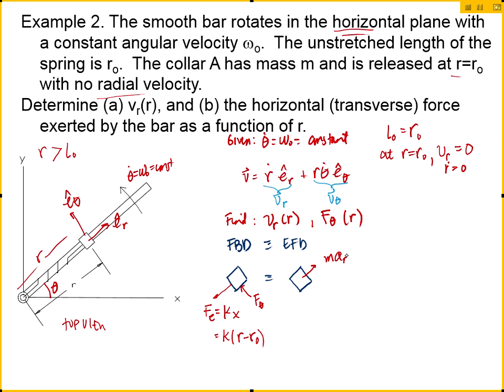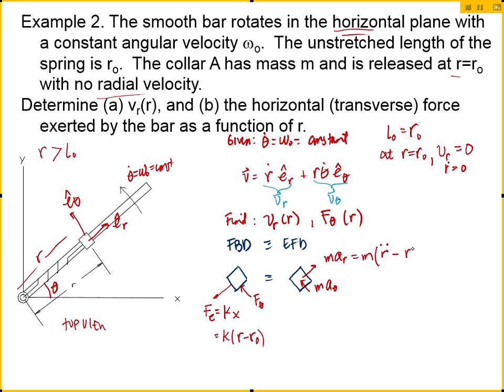A mass times acceleration radial, and a mass times acceleration transverse. Okay, and we are interested in what? R dot and theta. So let's see. The a_r here, I can actually express as what?